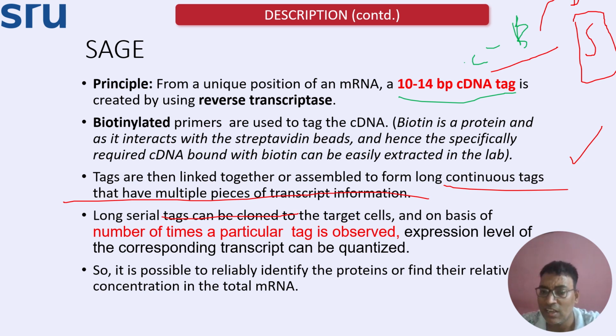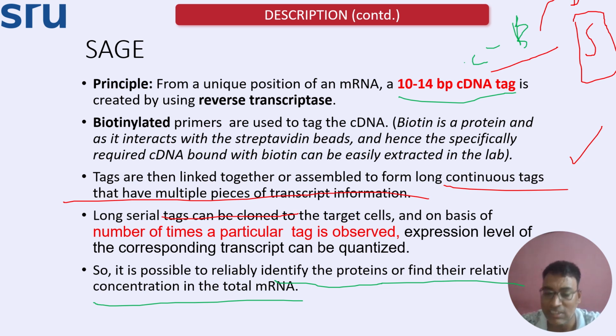We can approximately quantify how many times a specific transcript is expressed in the cell under these cases. So it is possible to reliably identify the proteins or find the relative concentration in the total mRNA. We can exactly know each and every part, just by a simple technique.